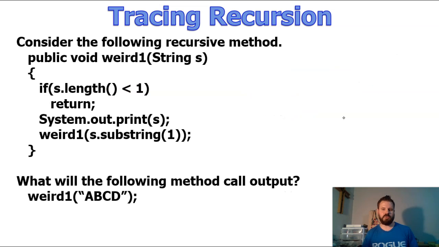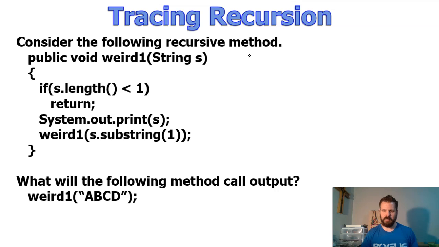All right, let's take a look at tracing through one more of these, again, slightly more complicated methods, where this time what we're going to be doing is printing rather than just returning something. Okay, so public void weird1 of string. We want to know what weird1 outputs if we plug in ABCD.